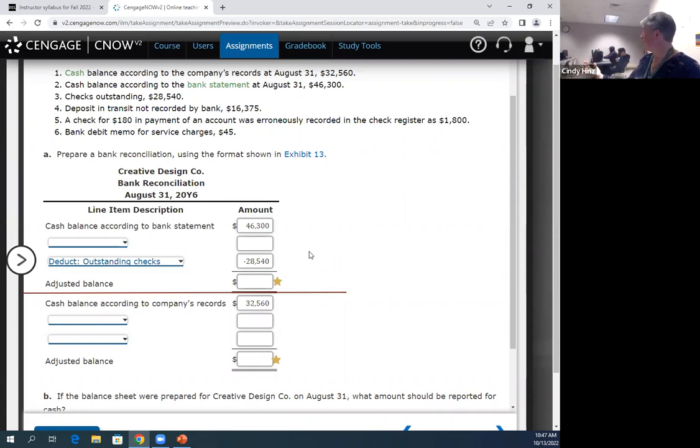And so the deposit just gets put in the safe overnight, and maybe someone's going to take it to the bank tomorrow, or maybe the armored truck is going to come pick it up, however that works for our company. We put it in our records because we made the sales on August 31st, but the bank didn't receive the money maybe until September 1st. That's what we mean by a deposit in transit. We've already processed it, but the bank hasn't received it and added it to our account.